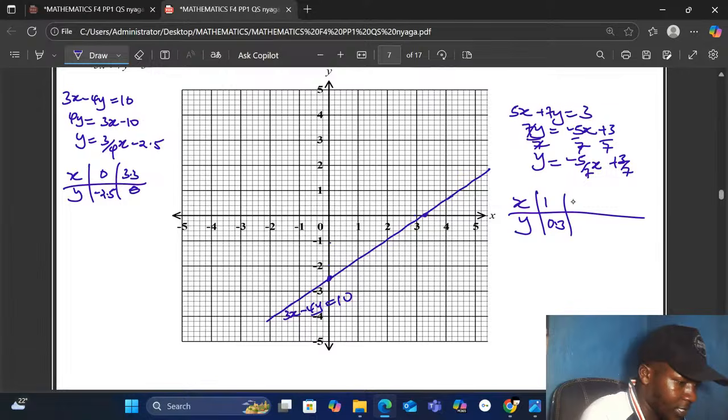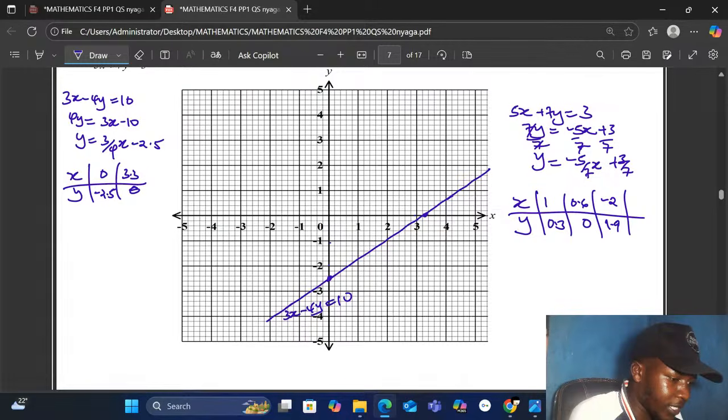Then when x is 0.6, y becomes 0. And when x is -2, y becomes 1.9. So you can draw this one.